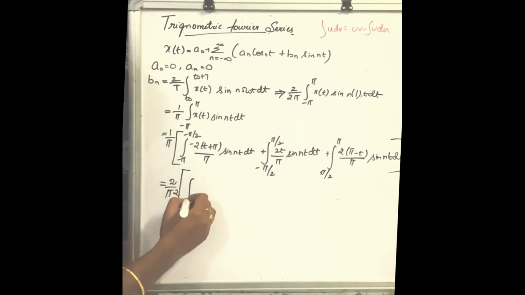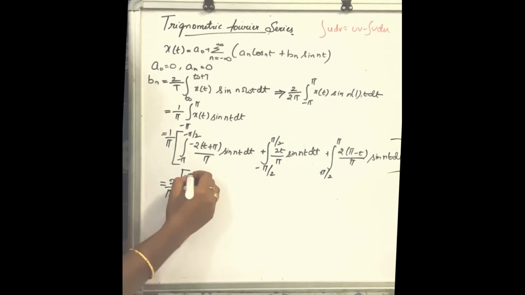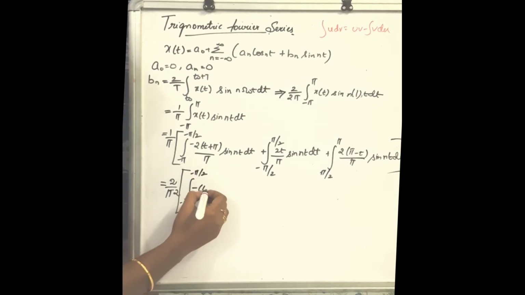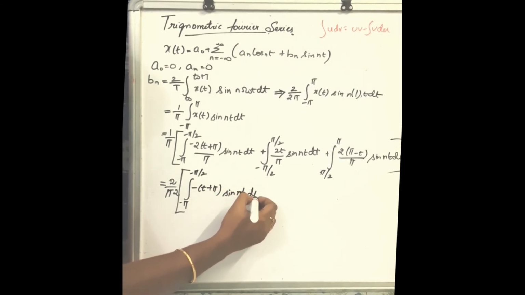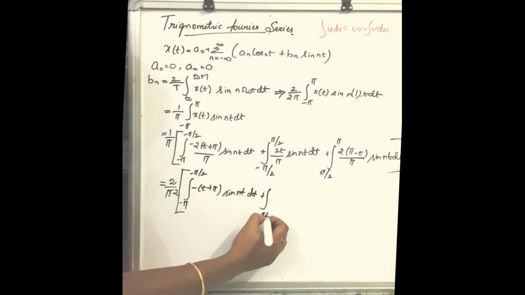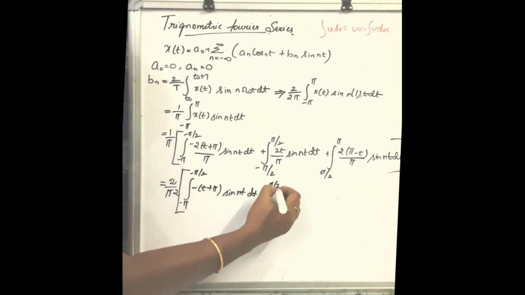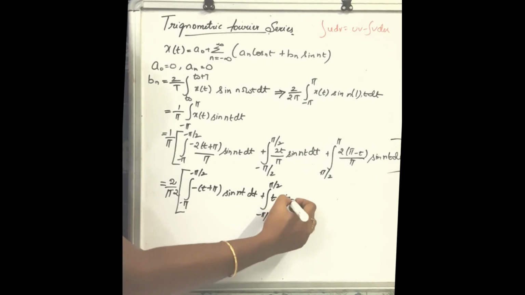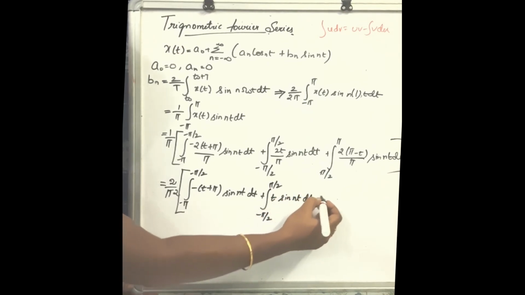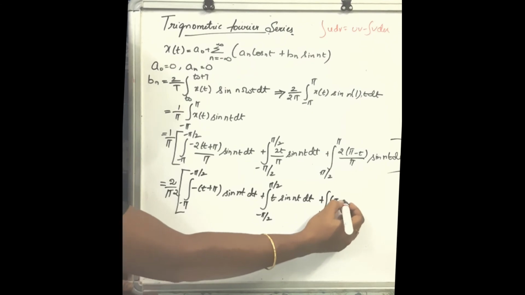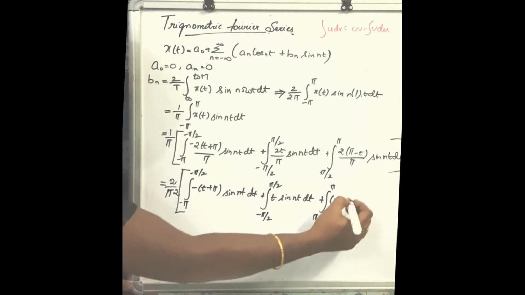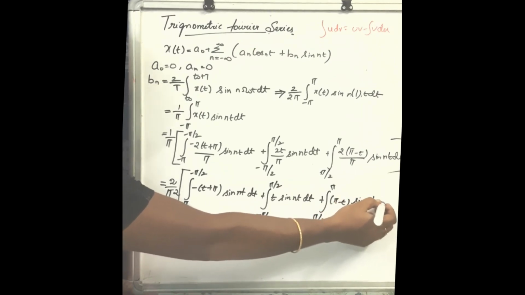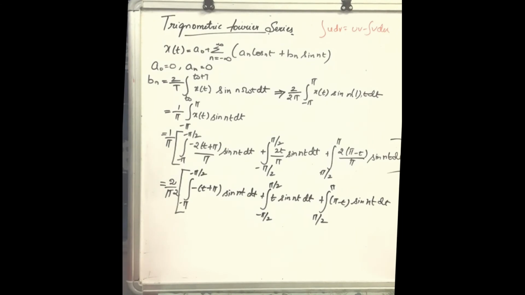And then it becomes integral minus pi to minus pi by 2 of minus t plus pi sin nt dt, plus integral minus pi by 2 to pi by 2 of t sin nt dt, plus integral pi by 2 to pi of pi minus t sin nt dt.